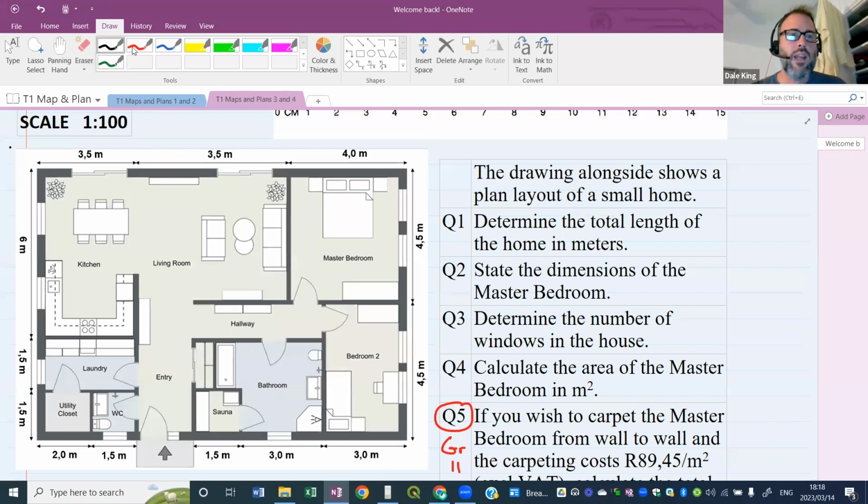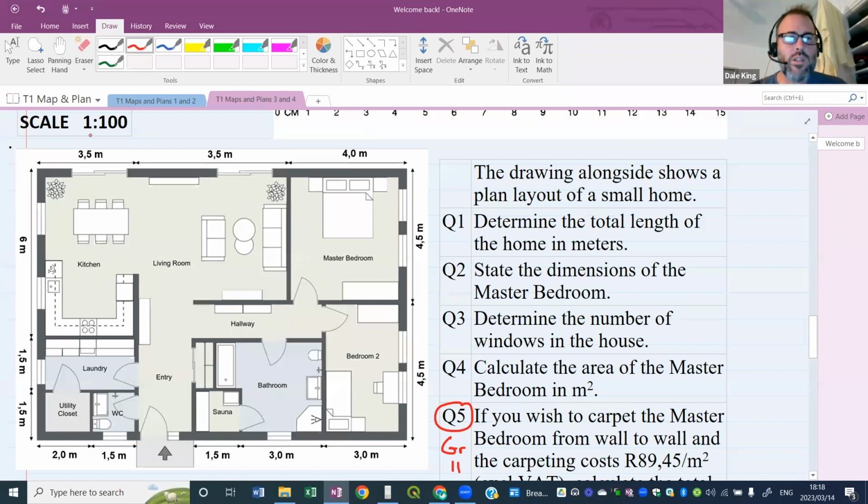All right. Now, one more thing I want to bring to your attention is that we have a scale for this diagram, which is 1 is to 100. Okay. Let me see if I can ask you a question. Can anyone tell me? It's a trick question.